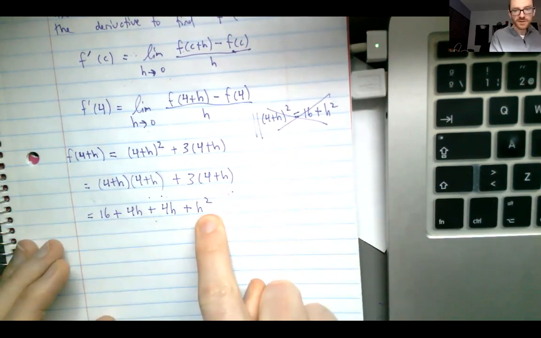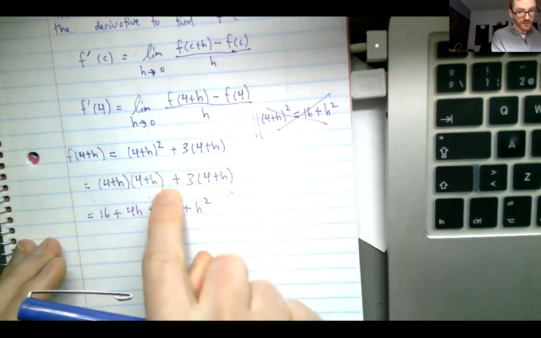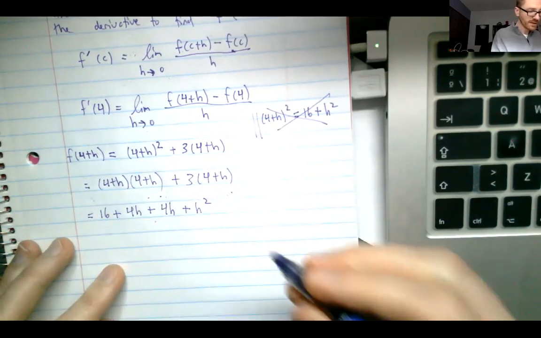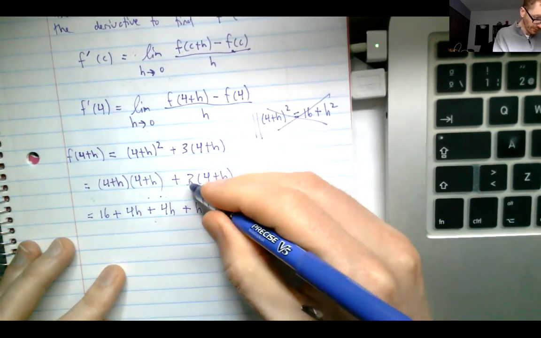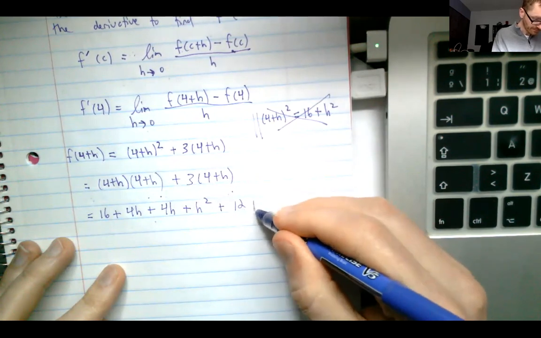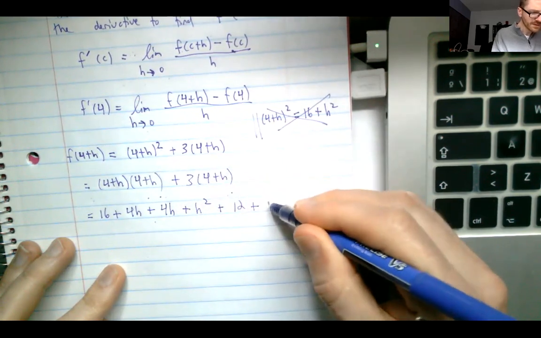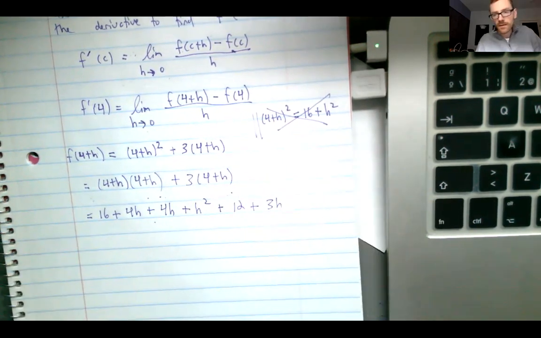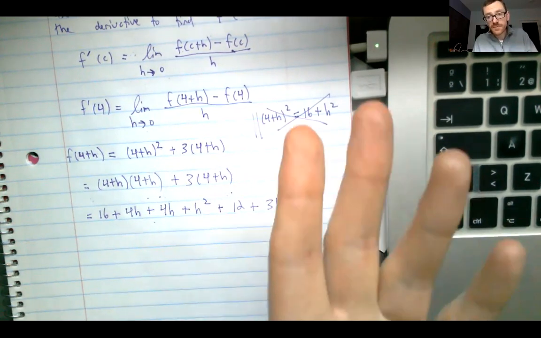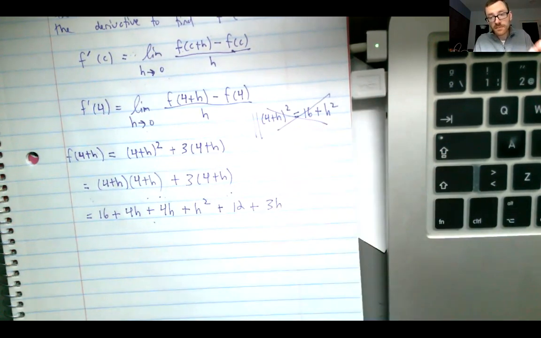So these four terms here are what you get from this. And then plus, distributing the 3, 3 times 4 is 12, plus 3 times h is 3h. Okay, so like I said, we get a bunch of terms, but they now need to be combined, right?